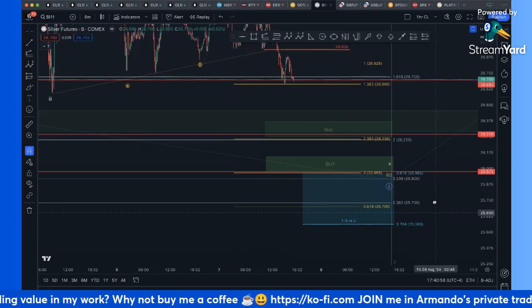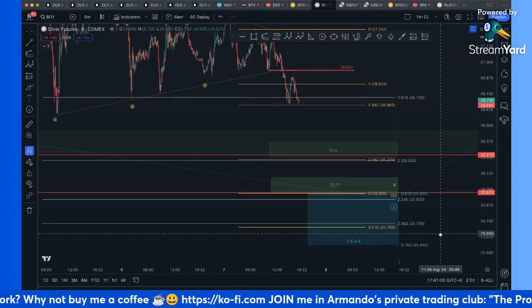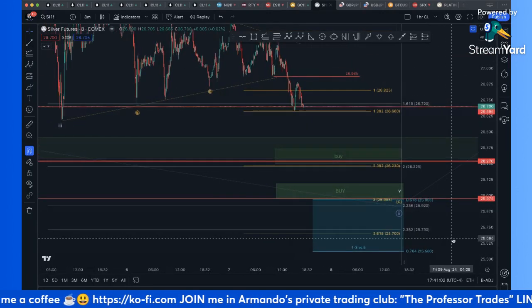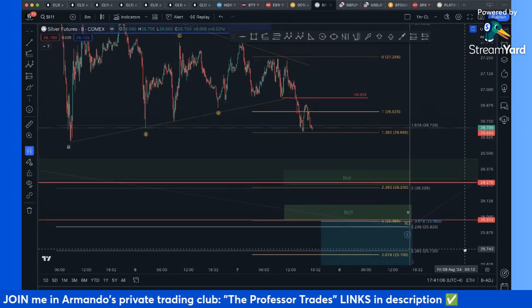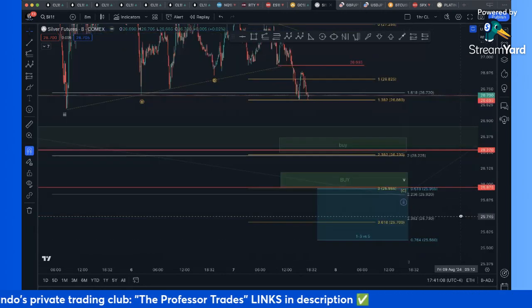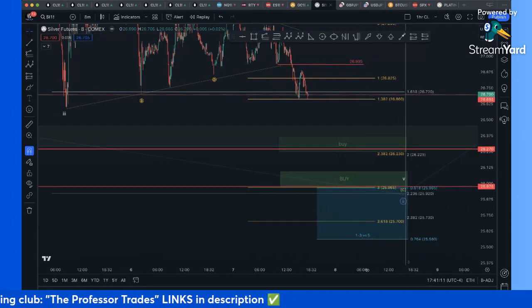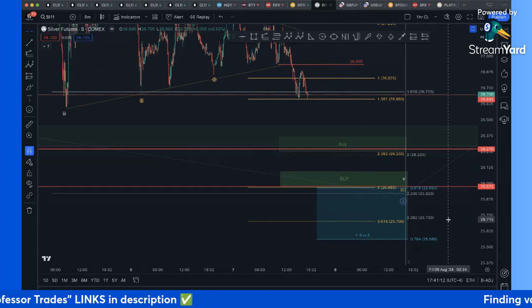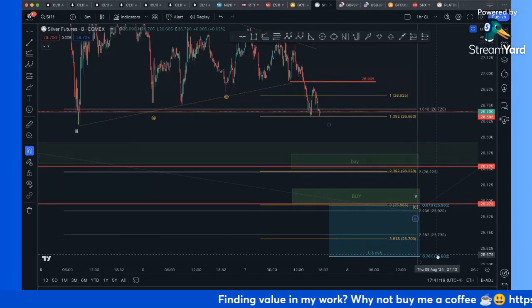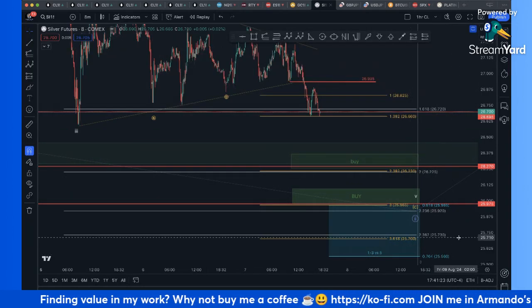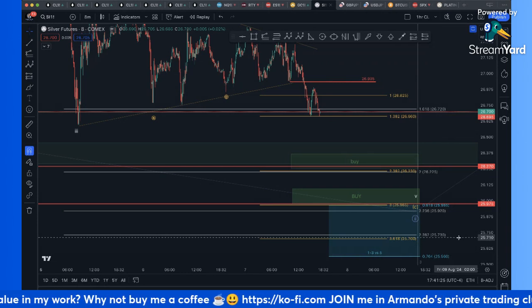And if this whole entire support region breaks, I'm not going to panic. There are always bounces, so I will remeasure things from a larger structure if this whole thing breaks, and I will look for bounces to unwind my long position.